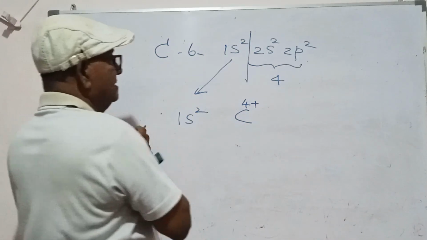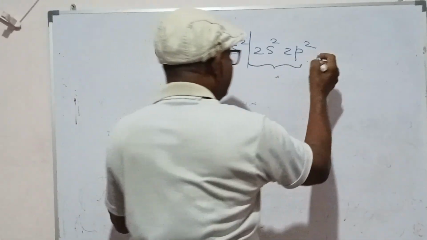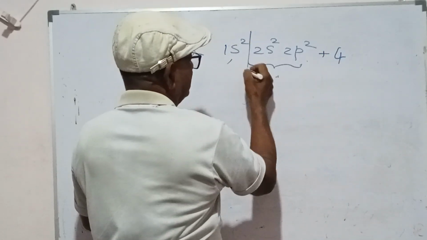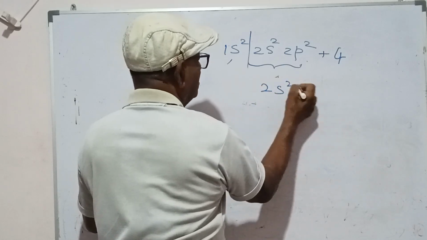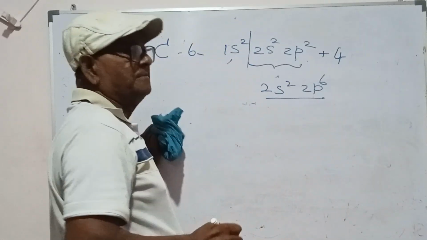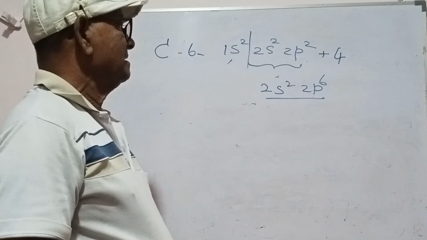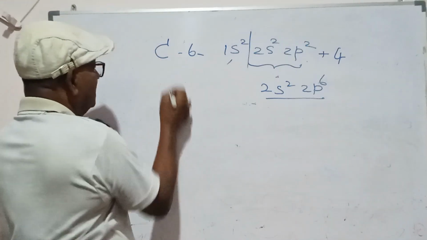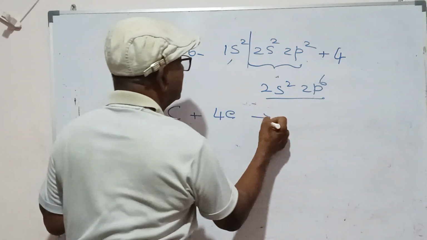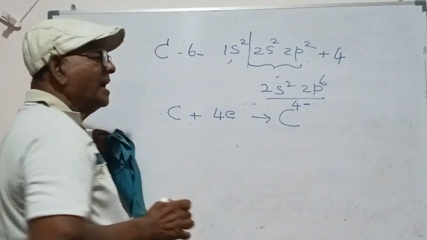On the other hand, if it gains another 4 electrons, taking the 2s2, 2p6 configuration of neon, it can take a stable configuration. If so, carbon would gain 4 electrons, forming a 4 minus ion.